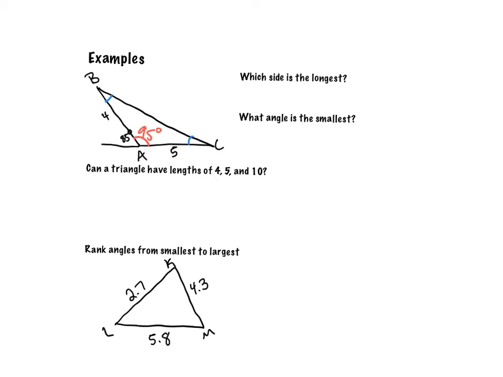What about B and C? Can I figure out what their exact measures are? How? Is there any way to find two angle measures of just a random triangle if I only know one? No, I can't do that.